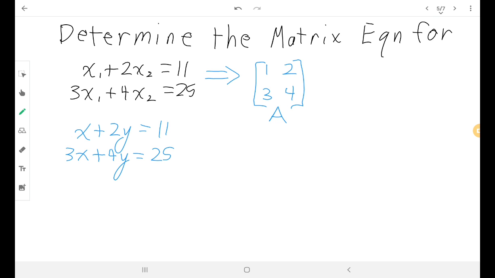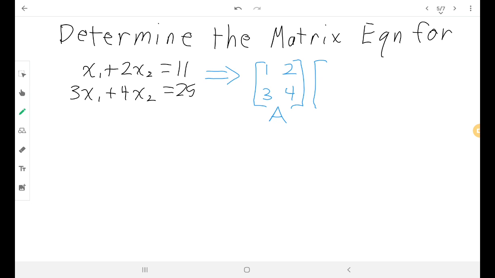You don't just have a very small number of them, so it's not convenient to try and use different letters. You just use the same letter and you count up as much as possible. So that's why we're seeing the x1 and x2, because that's in anticipation of you understanding that we'd have an x3 and x4 and x5 and x6 and x7 and so on.